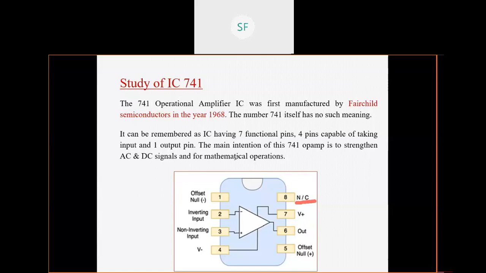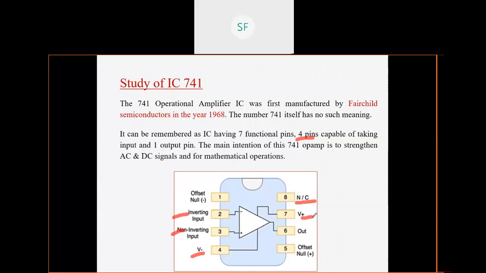So you can remember this as 7 standing for 7 functional pins. 4 pins are nothing but the inputs. Now we know that an op amp has only 2 inputs. The second pin is the inverting input and the third pin is the non-inverting input. But here they have said 4, so how? They have just added 2 voltage supplies, minus VCC and plus VCC.